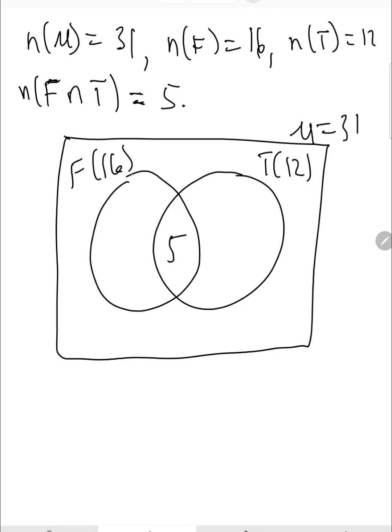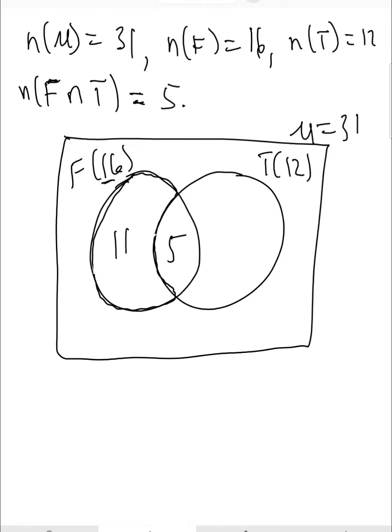Then what do I write here? Don't forget I told you the remaining portion of this circle is those who play football only. So when it was X, we were writing 20 minus X. Okay, good. So here it will be 16 minus 5, which will give us what? 11, right? Because this is algebra, we know 16 minus 5 is equal to 11.